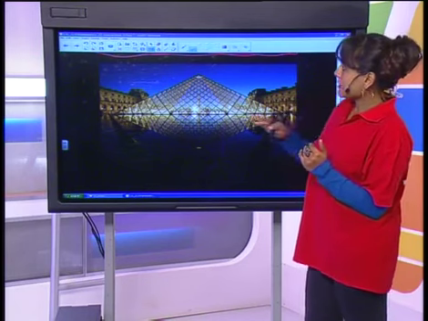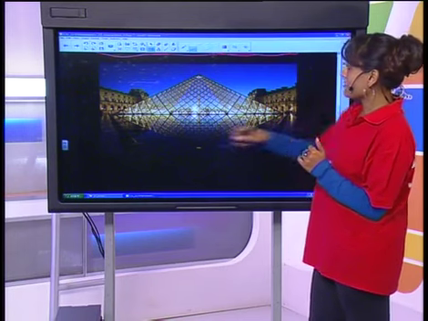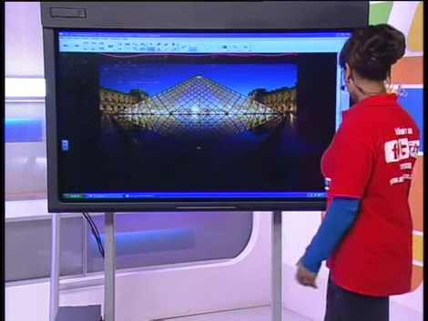So the glass on top, the upright that you can see on your screen, and that below is actually an inverted pyramid. Absolutely beautiful. With something like this, you can work out the total surface area, which would give you the amount of glass needed to make something like this. So maths is everywhere.